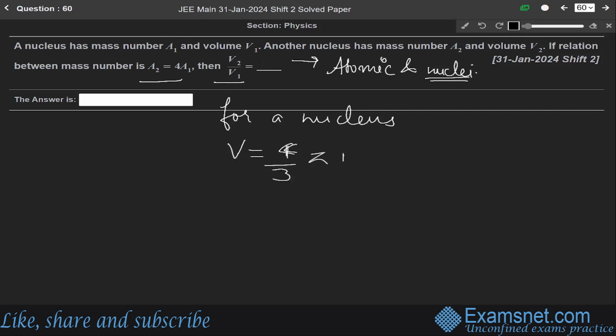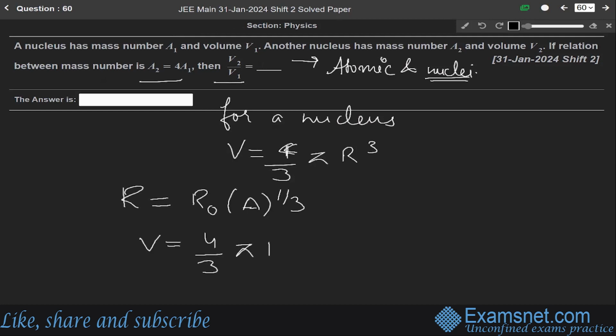And we know the relation between the radius and mass number as r is equal to r naught A to the power 1 by 3. So volume will be equal to 4 by 3 pi, and in place of r, we write r naught whole cube into A.